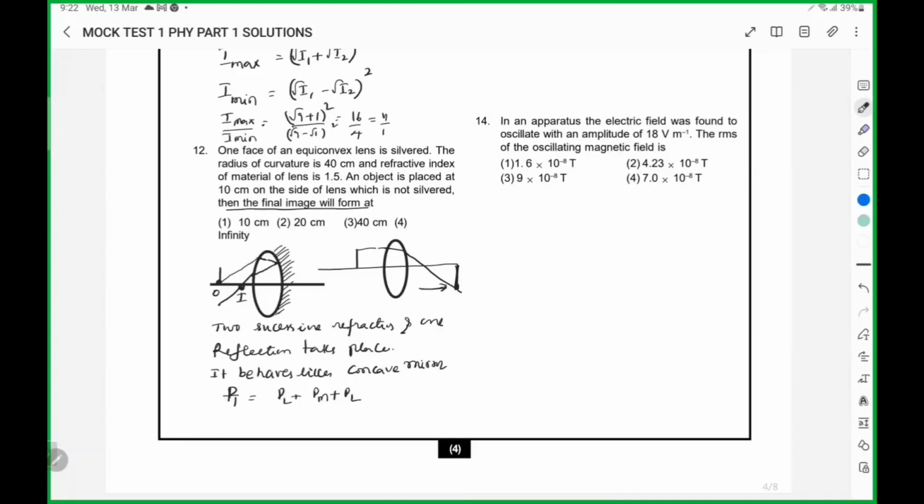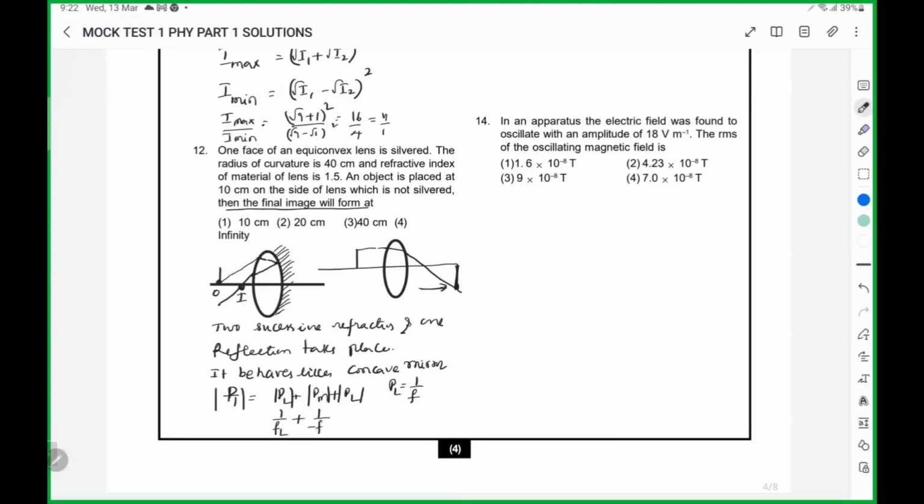So here it is. The power is the algebraic sum of the powers. So here there is a convex lens, and power is defined as the reciprocal of the focal length. For a convex lens, focal length is positive. For a concave mirror, focal length is negative, so power will be negative.